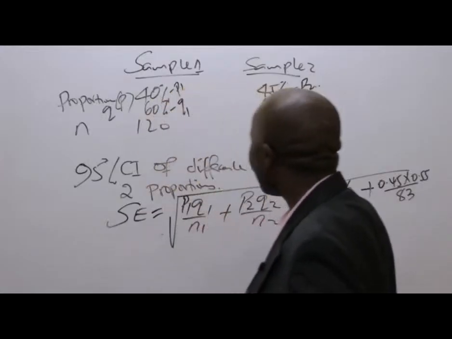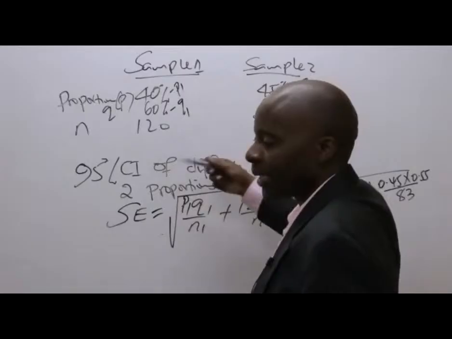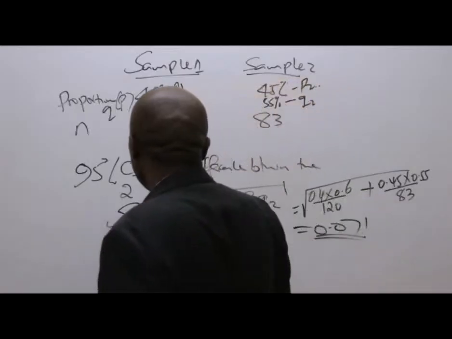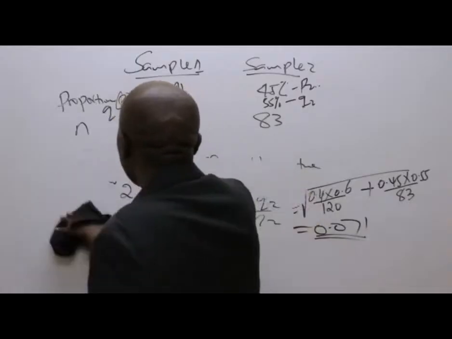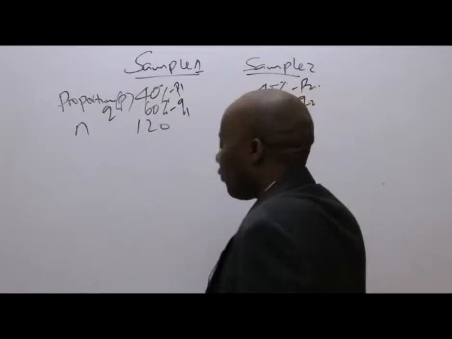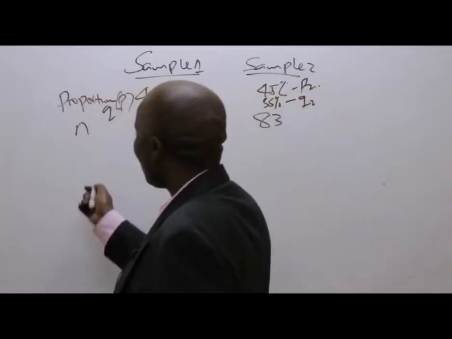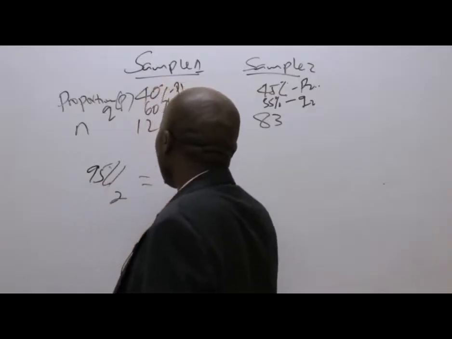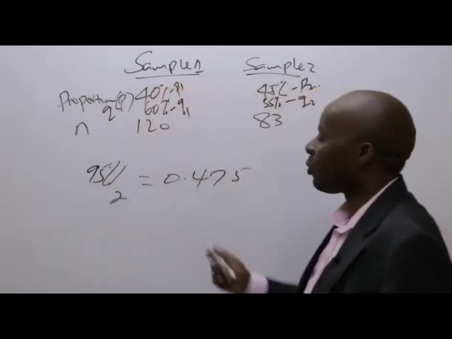I know that this is Z, because I can see how big my samples are. So being Z, what I need to do is divide this 95% into 2. When we divide 95% into 2, this will give us 0.475.